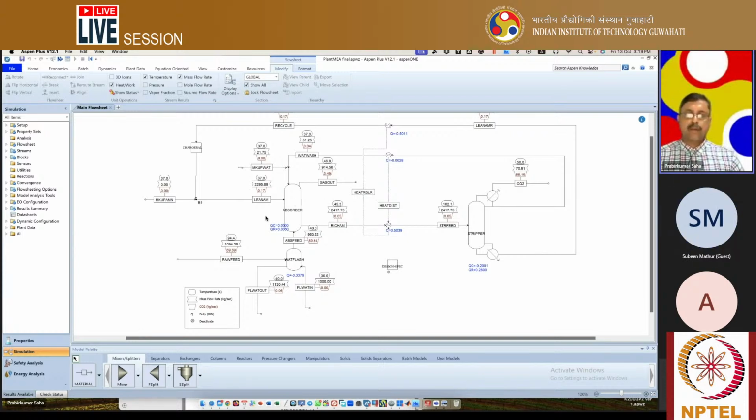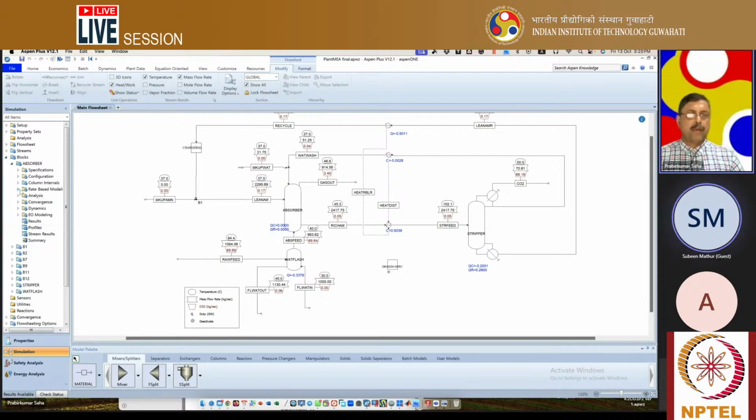Because I wanted to show you the column internals, as you asked whether we can design L and D. You can see the flow rates of lean amine and gas are quite large, around 1,000 kg per second. Here in the blocks, if you see the absorber block, there is something called column internals.